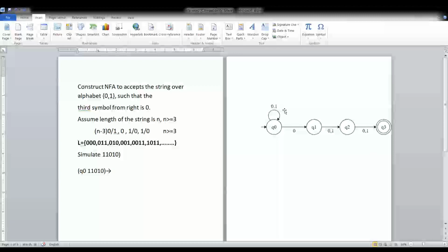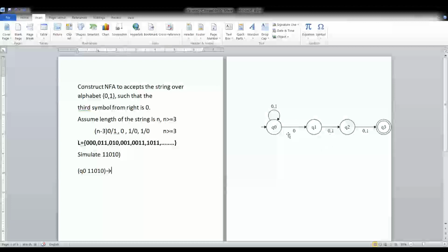The self loop indicates the first n minus 3 symbols may be 0 or 1. When n is equal to 3, this transition will not take place, so the NFA directly moves from Q0 to Q1. But for any value where n is greater than 3, it goes through this self loop.